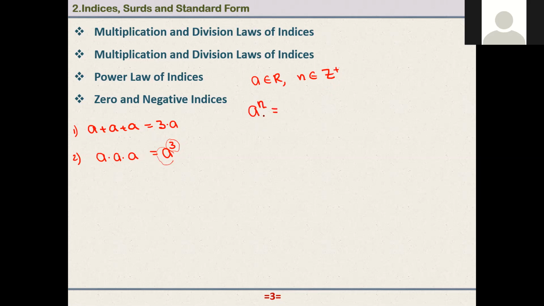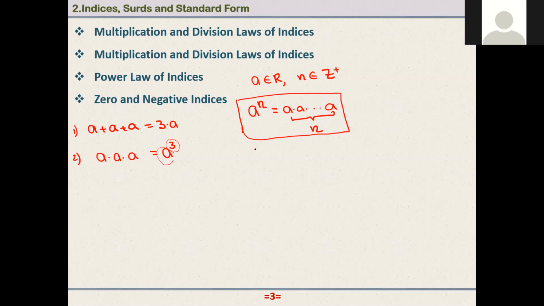We are defining this as this number multiplied by itself n times. So that means here we have a times dot dot dot a, so this a is multiplied by itself n times.